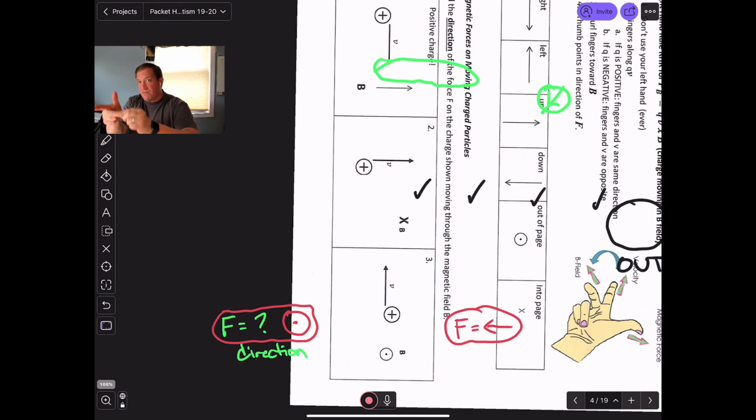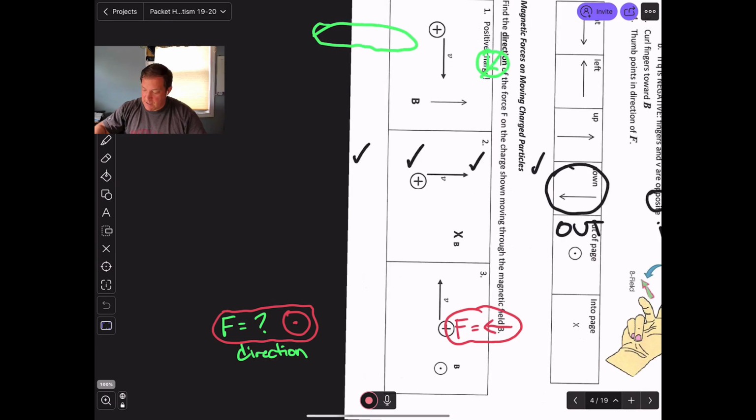So my magnet finger, which naturally, when I hold out my right hand, points toward the middle of my body, I have to do a gentle twist so that my magnet finger is now pointing toward the ceiling. And my thumb is pointing to my right. But remember, on the paper, that actually means toward the top of the page.